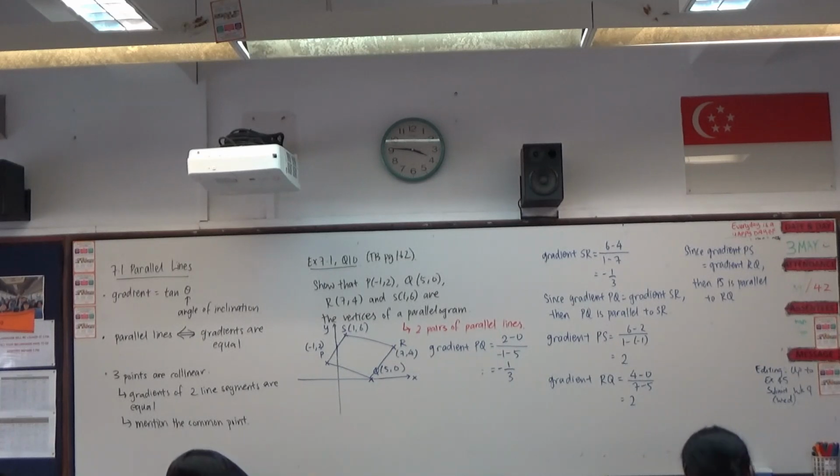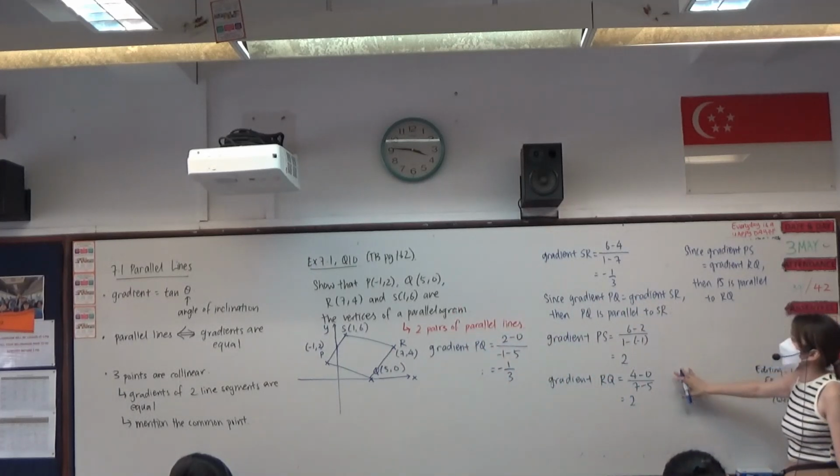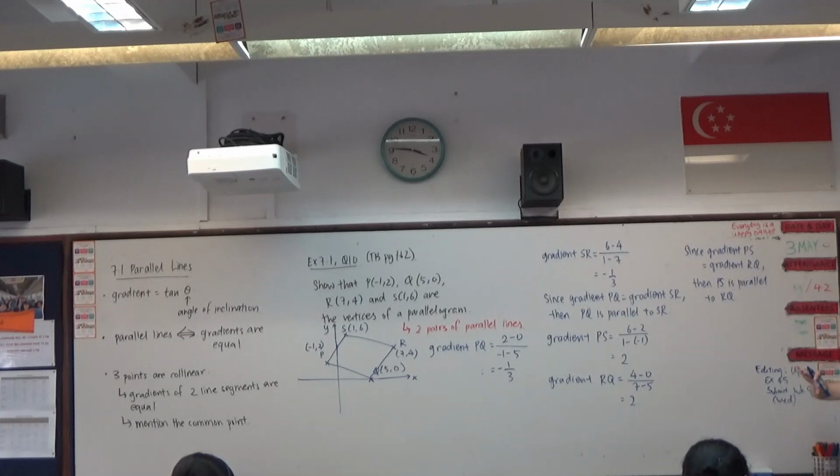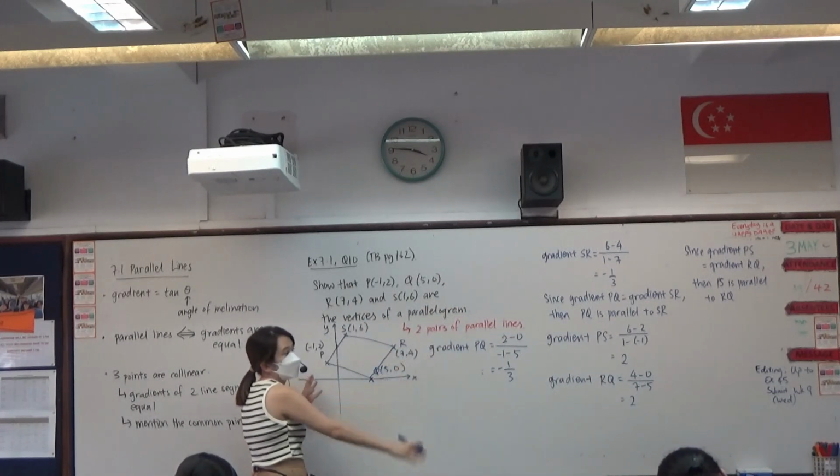What else do I need? A concluding point. As a reader, if you look through a proof that says all this, do you think it's sufficient to answer the question? You need a concluding statement to answer the question directly. Okay, because now all you have done is only to say that the corresponding line segments are parallel. You have not yet tied it up to say that it is a parallelogram.